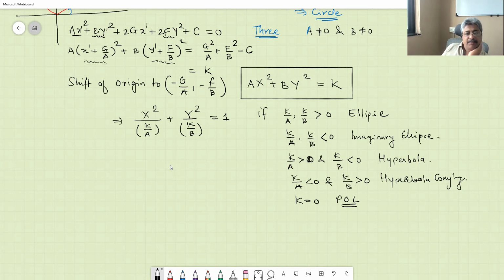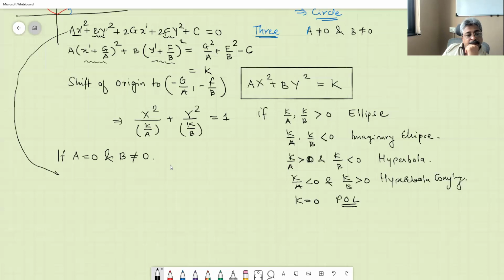Okay. Now any one of them is 0. Say for example, if a is 0. So if a is 0, what will happen to this equation? You can always complete the bracket of b y dash plus f upon b bracket square.